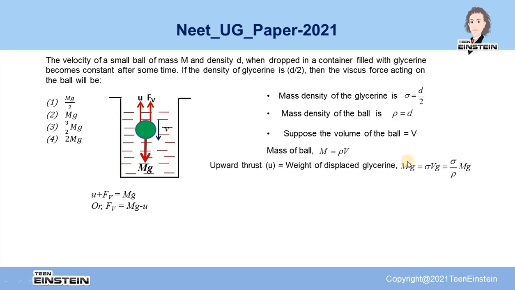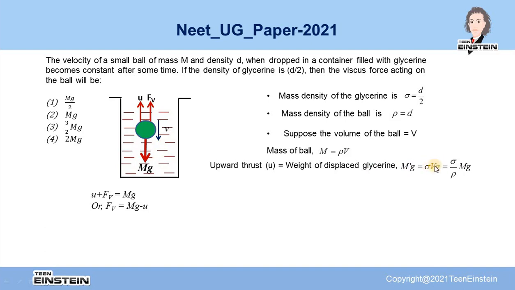M prime is sigma into V. V is the volume of the ball, and the ball will actually displace the glycerin by this much volume itself, the volume of the ball itself. So M prime is sigma, that is the density of the glycerin, and V is the volume of the glycerin displaced by the ball, and hence sigma into V into g will give you M prime g, which is the weight of the displaced glycerin.